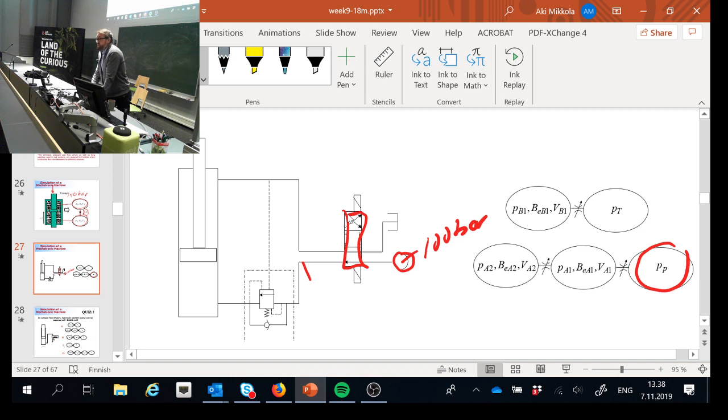Okay, so you still doubt whether it's fair to assume that the pressure here is 100 bar. That's what you're wondering. It is based on the fact that there is a spool, and the spool is restricting the flow and introducing the pressure differences. Roughly speaking, that's what this kind of direction valve is doing for you.